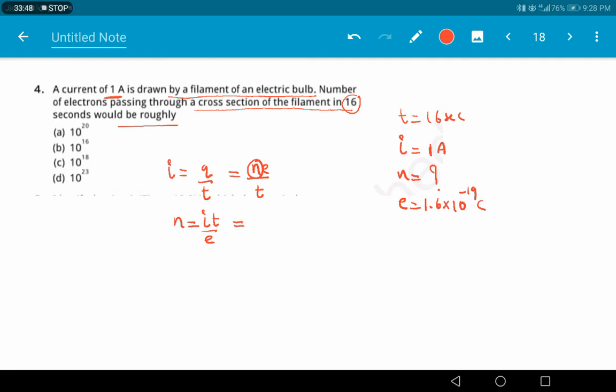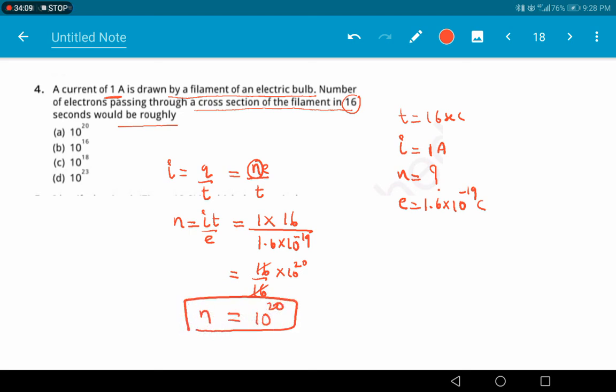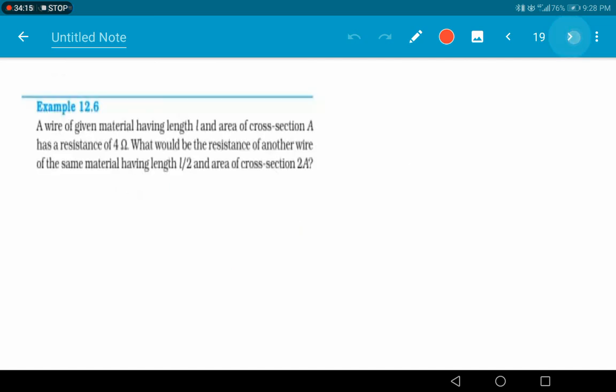Substitute here: 1 into 16 by 1.6 into 10 to the power of minus 19. So we can write 16 by 16 into 10 to the power of 20. So 10 to the power of 20 is the number of electrons flowing through the bulb. Right, next question.